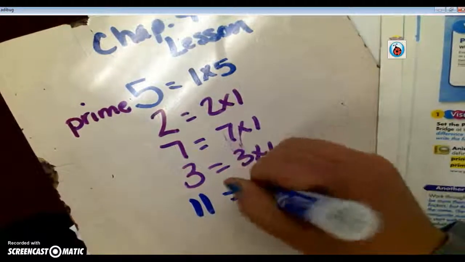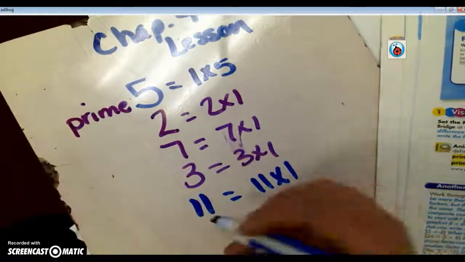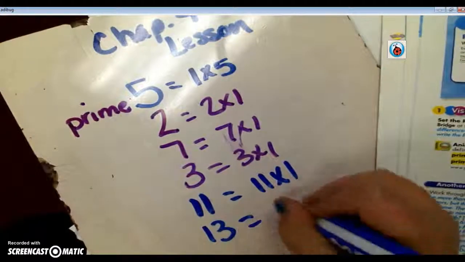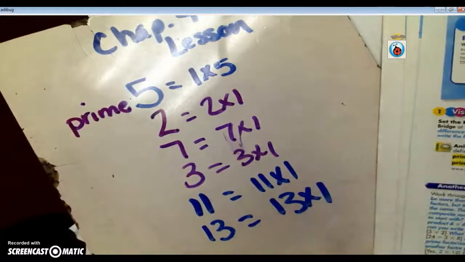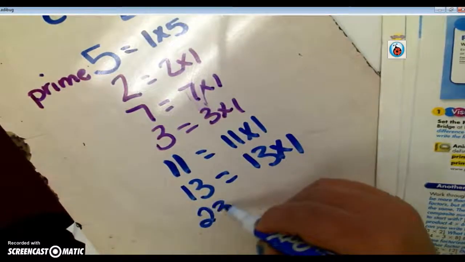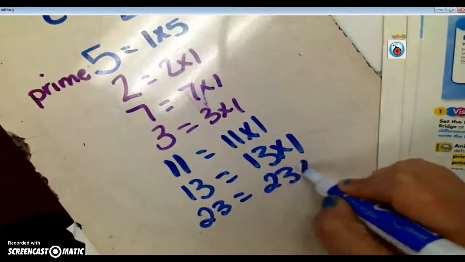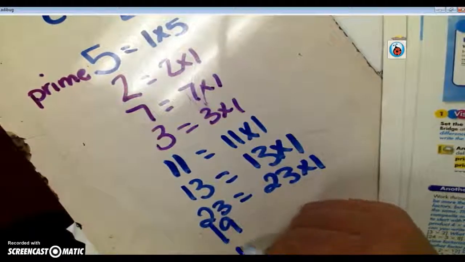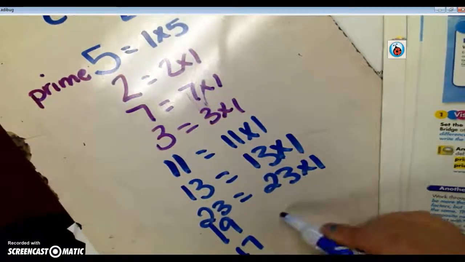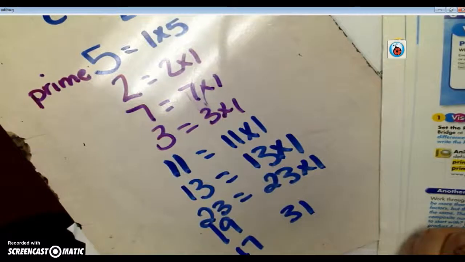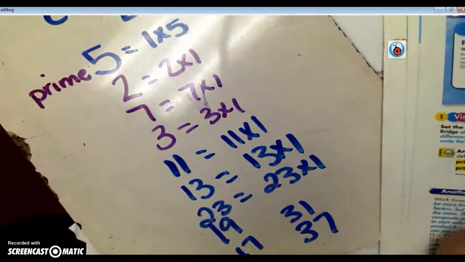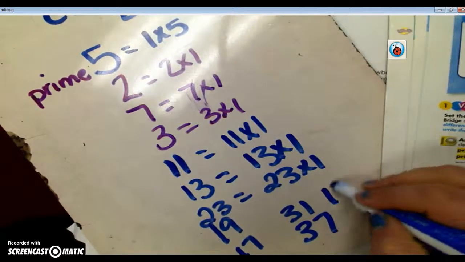The only way I can get 11 is 11 times 1. 13 is prime. The only way I can get 13 is 13 times 1. 23 is prime. 19, 17, 31, 37, 131.